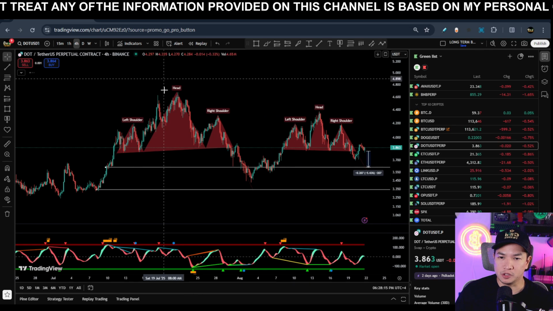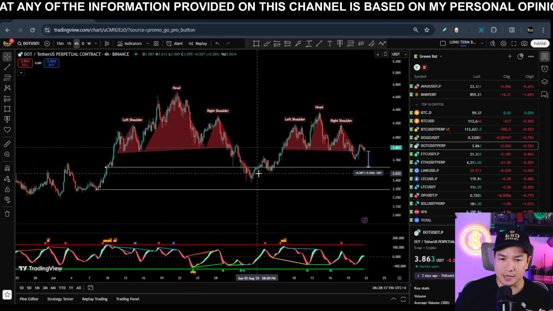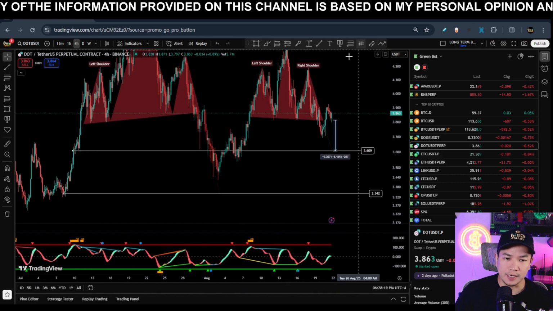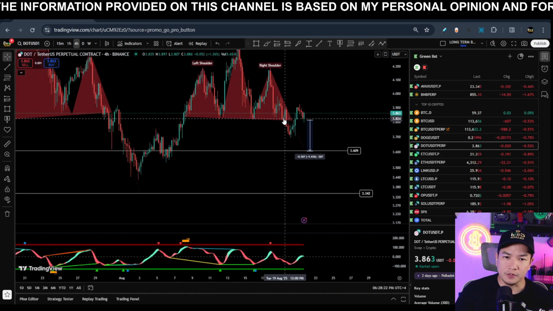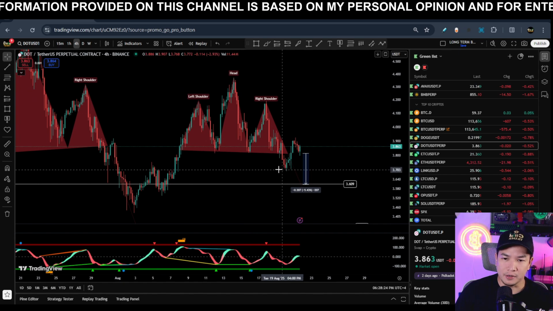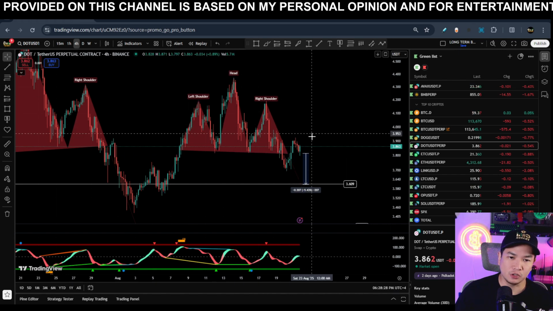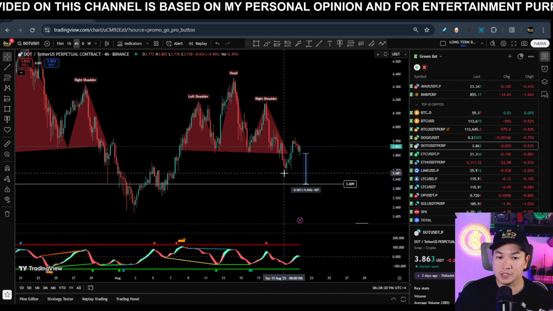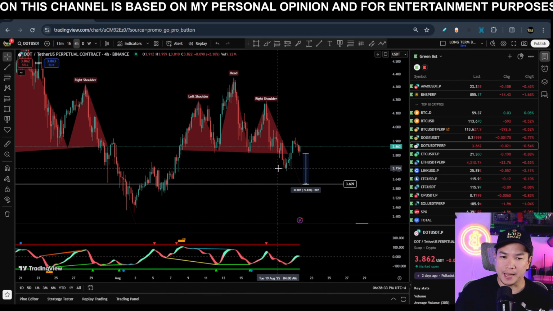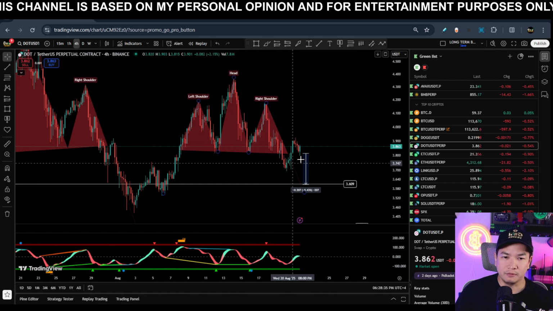So we have this previous head and shoulders pattern which played out perfectly, and right now we have another head and shoulders pattern. The ideal breakout target of this head and shoulders pattern will be around 3.6, but we got a beautiful bounce near the middle zone at 3.7.